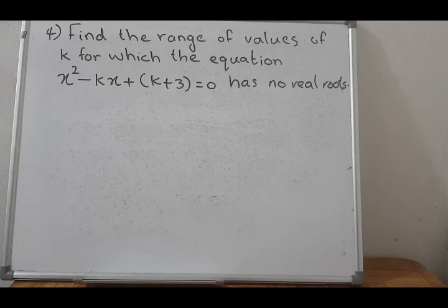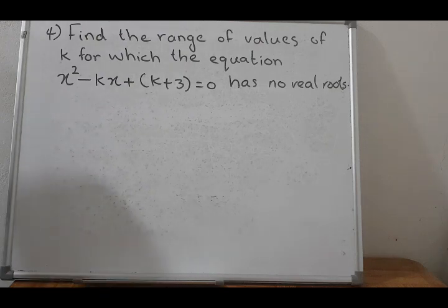Let's see the next question. Find the range of values of k for which the equation x square minus kx plus k plus 3 is equal to 0 has no real roots. So we have a quadratic equation in x.